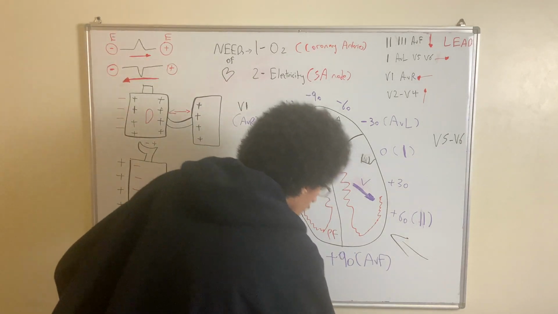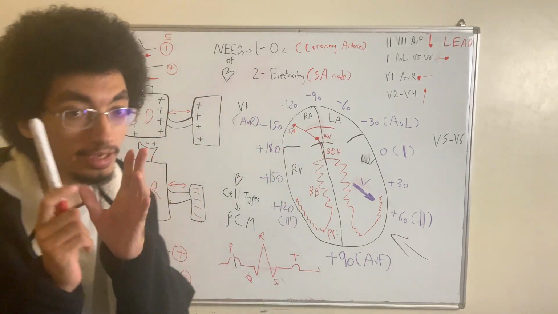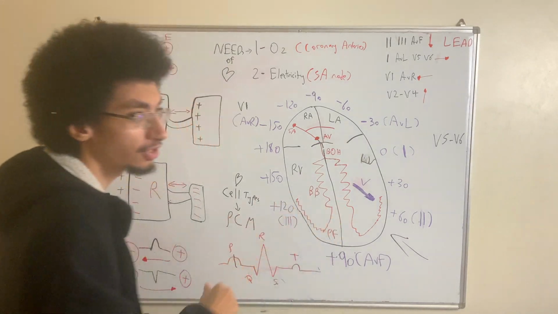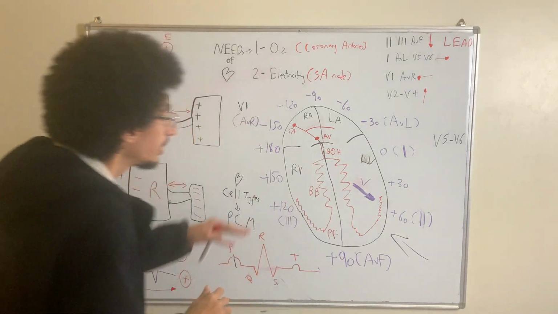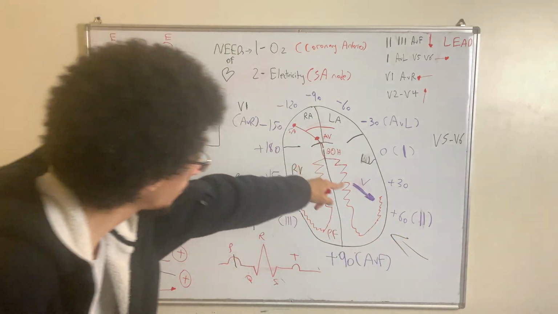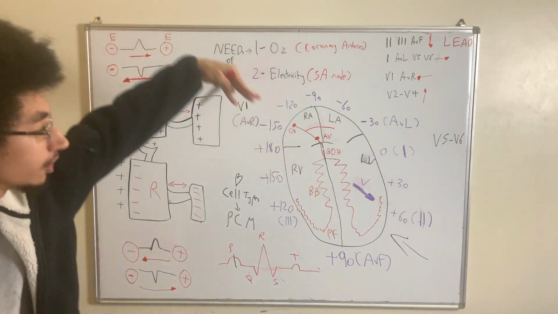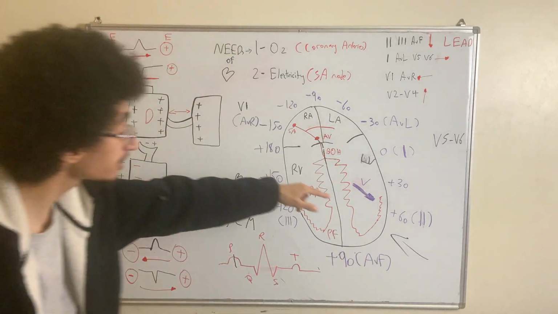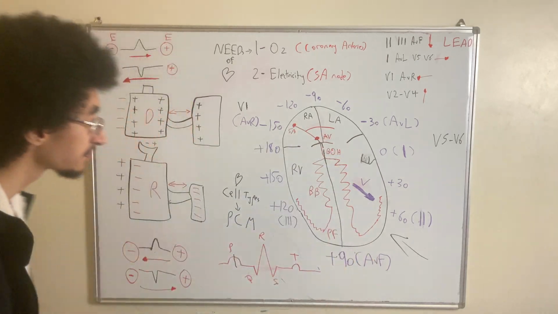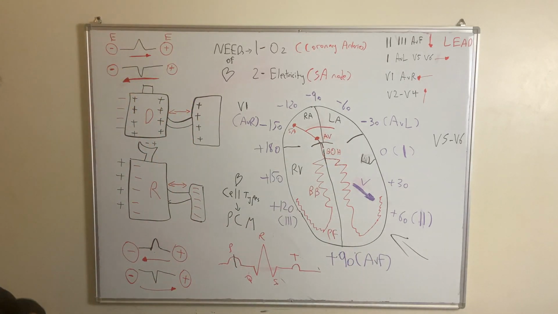And this is why lead 2 is viewing the heart inferiorly. If we look at this vector, the positive electrode of lead 2 is going to see a vector in electrical potential coming towards it. And if there's a wave of depolarization coming towards it, it will produce a positive deflection.